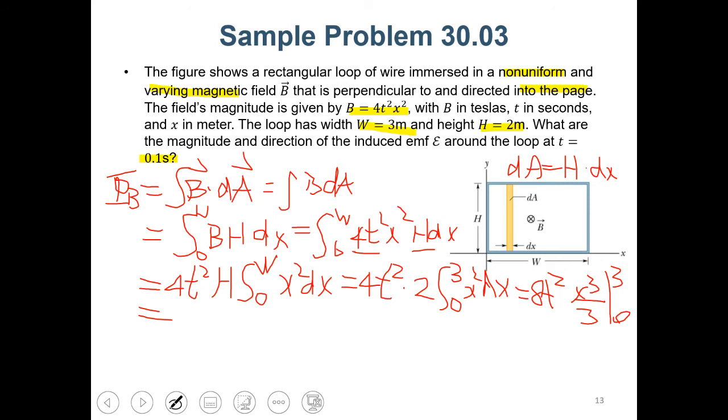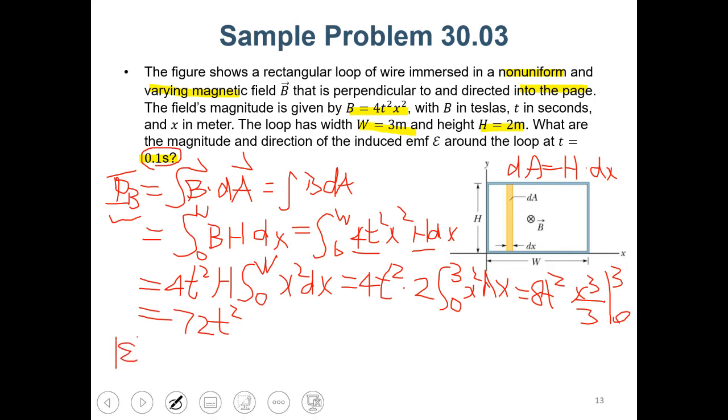So finally, it should be 72t squared. We don't substitute t equals 0.1 second here yet, because we need to take the derivative with respect to time. If we substituted t equals 0.1 and then took the derivative with respect to time, it would be constant and then it would be 0.